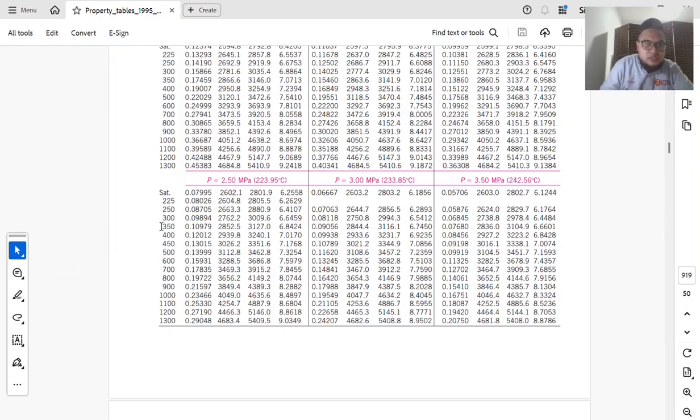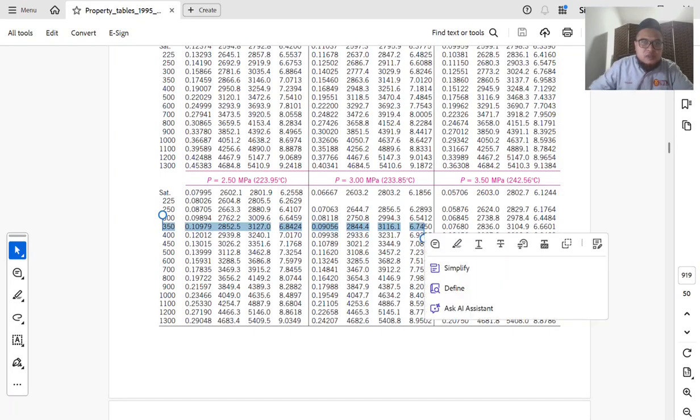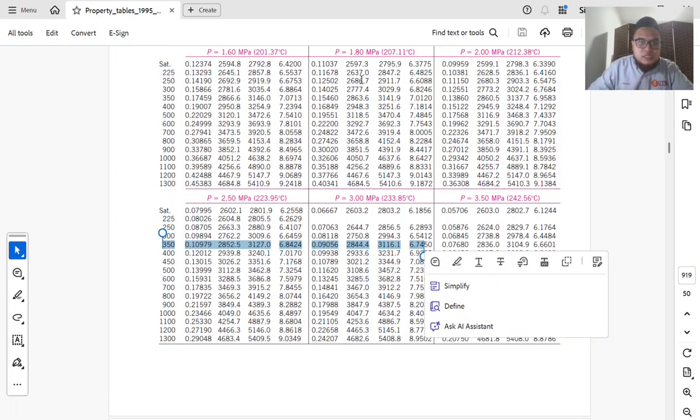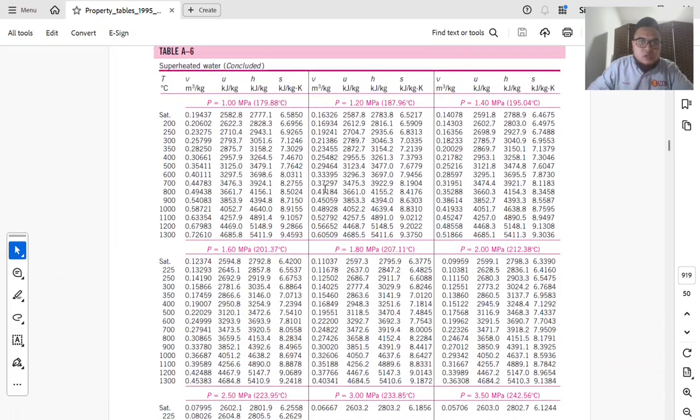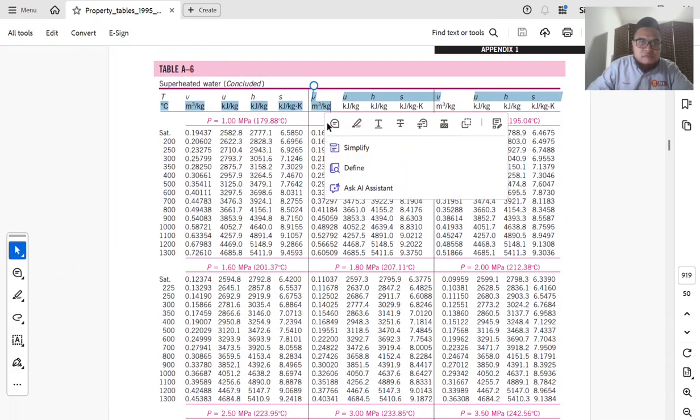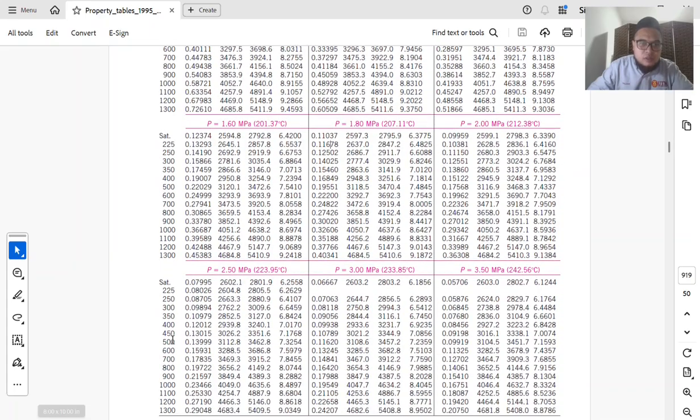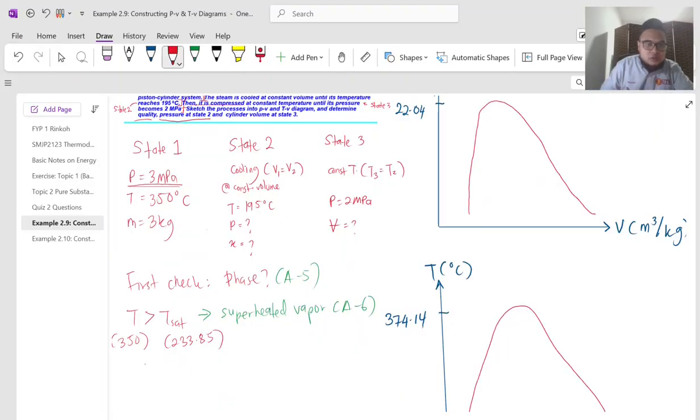So we are looking at this row here, and we know that our V is in the first column in this section. Let me double check, yes, it is V, our specific volume, and that's going to be 0.09056 meter cube per kilogram. So V1 is this value.